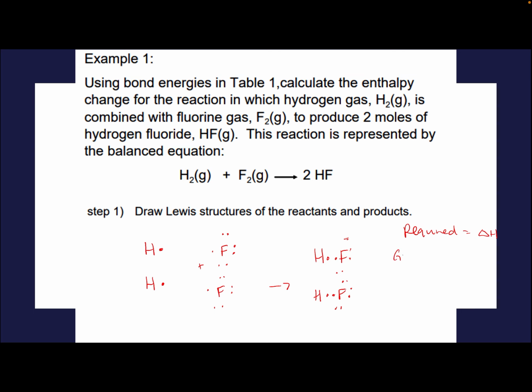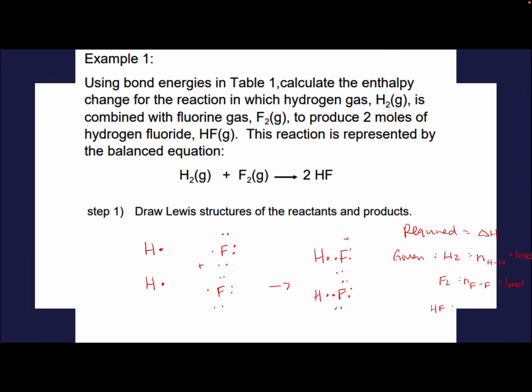So based off of this, we can also write out what is required, which is the change in H, and then what is given. We have H2, and based off of our information, we know that the n of our hydrogen bond is 1 mole. For F2, the n of our fluorine bond is 1 mole.